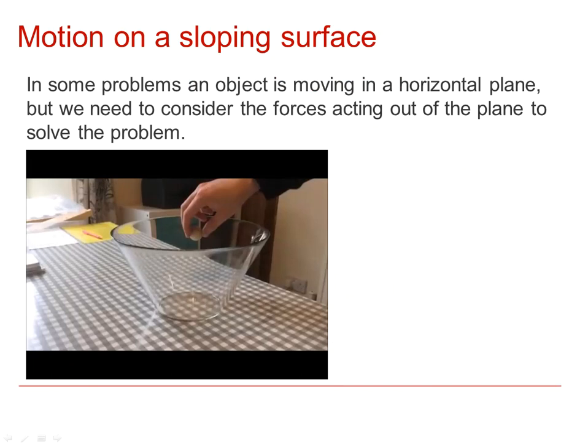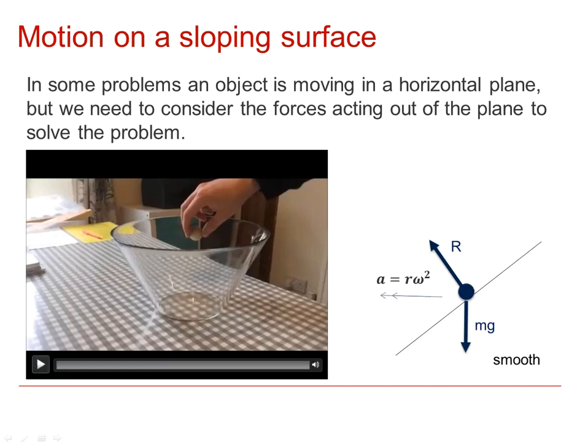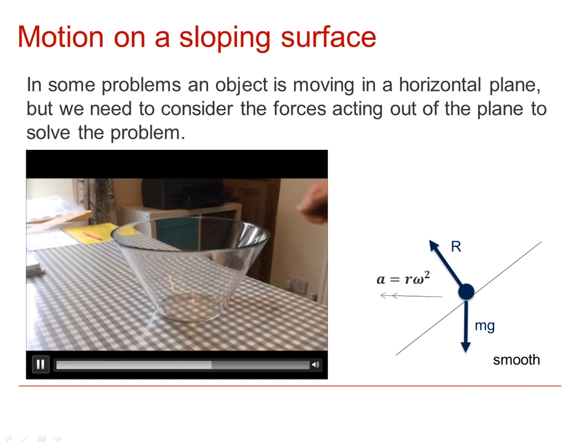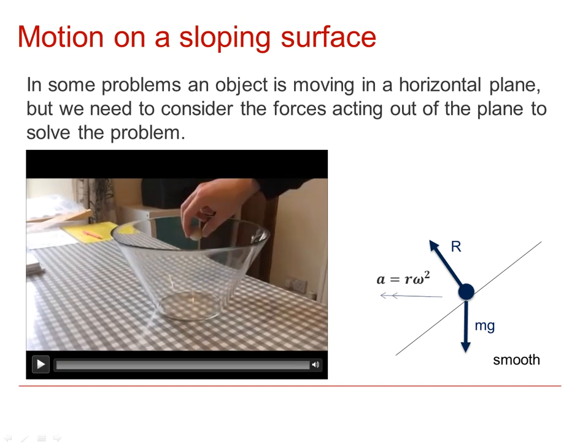Here we see an example of a bead which is rolling round the inside of a bowl. The fourth diagram shows that the acceleration is towards the center of the circle, so it's in the horizontal plane that it's moving.